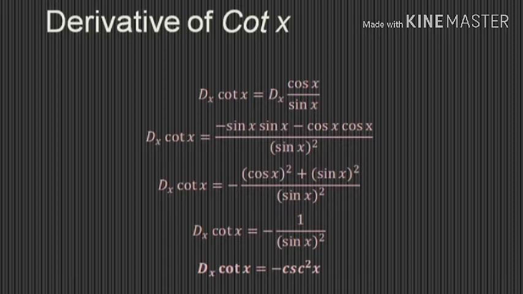Negative sine x times sine x is equal to negative sine x all squared, minus cosine x times cosine x is equal to cosine x squared. We can simplify it to be negative of cosine x squared plus sine x squared all over sine x squared. We get negative 1 over sine x squared. Don't forget that 1 over sine x is equal to cosecant x. So dx cotangent x is equal to negative cosecant x squared.